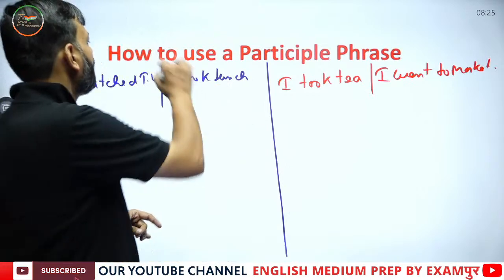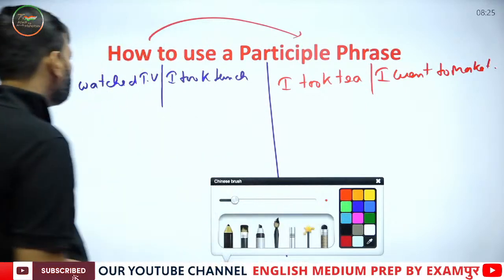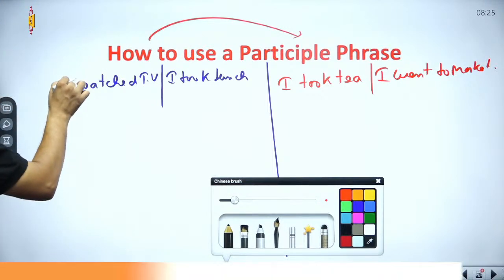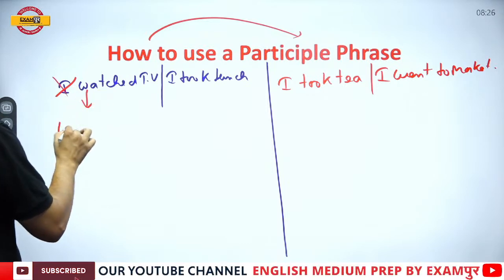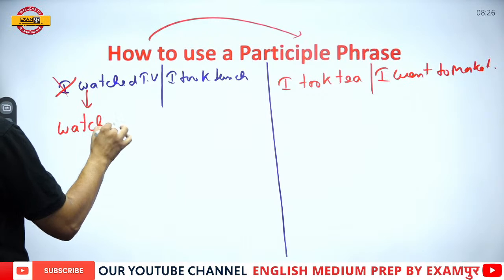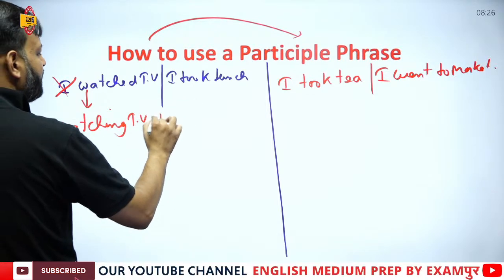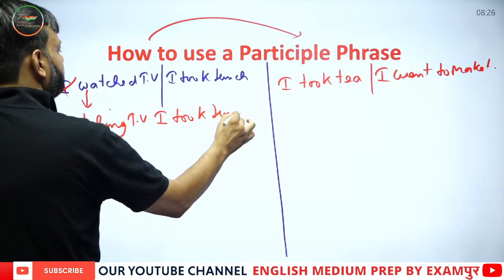So how to use a participle phrase? To join these two sentences, just remove the subject and change the verb into present participle, that is, watching television, and the second sentence as it is, I took lunch.